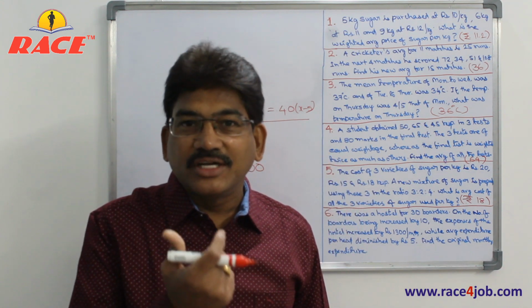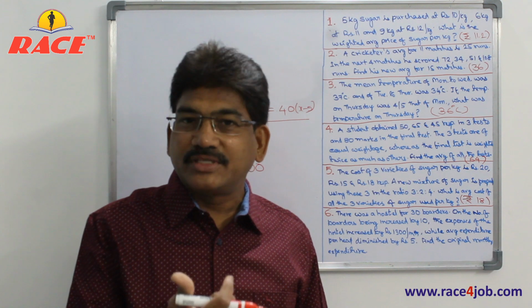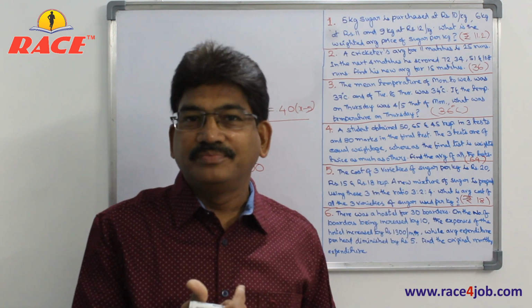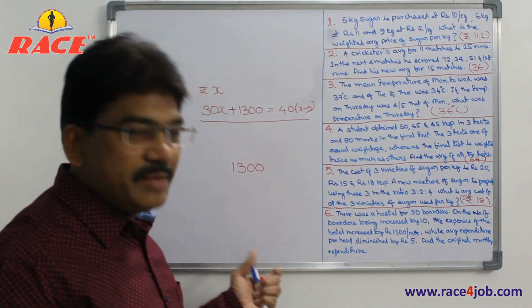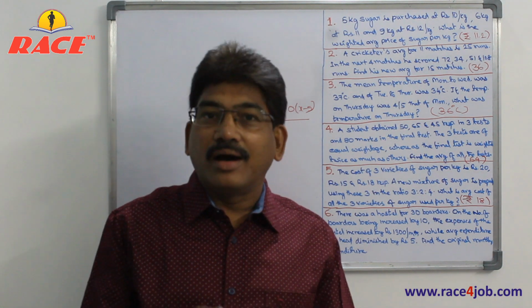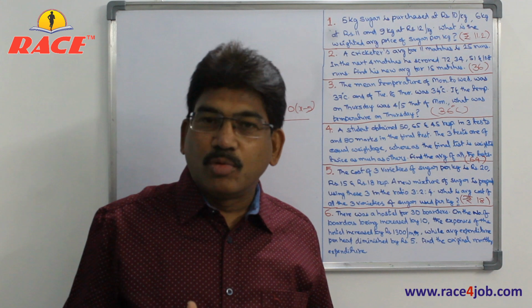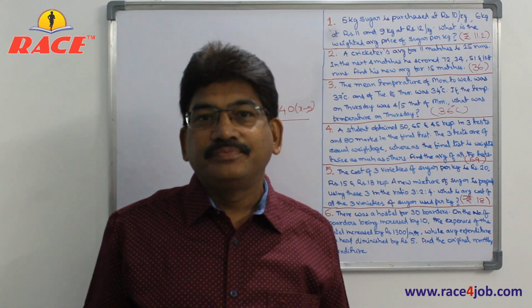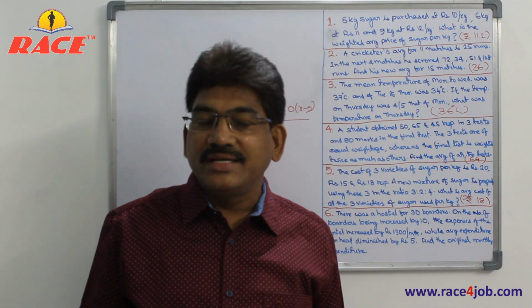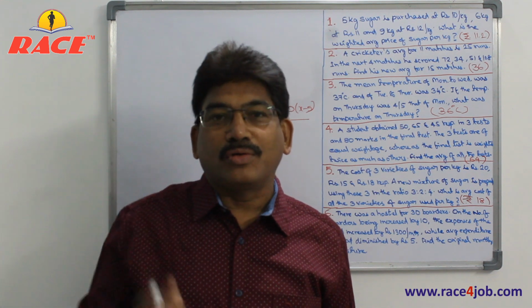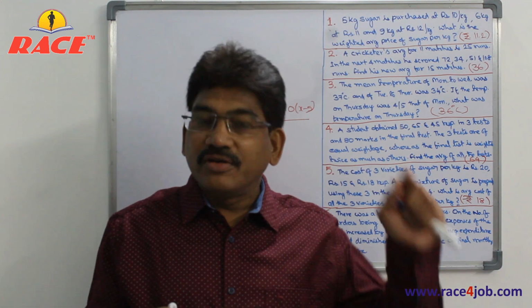The total expenditure is not decreased, only the average. But who is paying that 150? Somebody should compensate because the expenditure is as it is. That means these 10 new people are paying that extra money. These 30 people are paying less, which means these 10 people are paying more. How much more? 150 more.